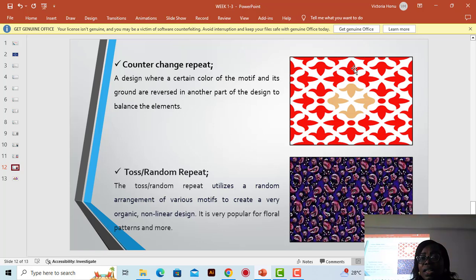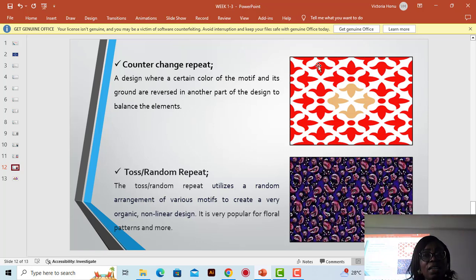But on the next line, it is upwards, and then the next line is downwards again. So that is the changing. That's the counter changing. So it could also be side and side, up and down, or even the four. Okay. Now that is the first line.